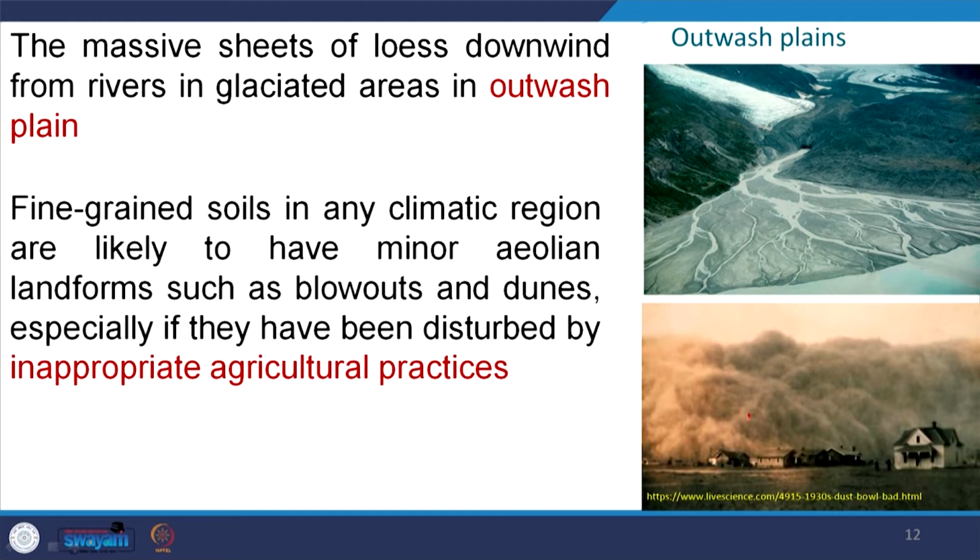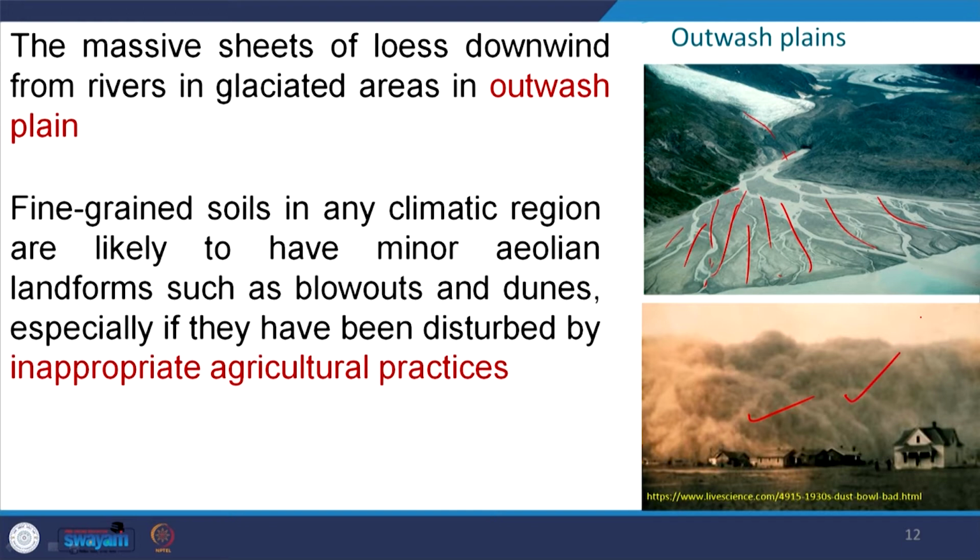Here the photograph is representing the Dust Bowl, and here is the glacier and the glacier outwash plain, where alluvial fans are forming. These ephemeral streams and areas, these sediments deposited here, will be reworked by the wind and redistributed like this.